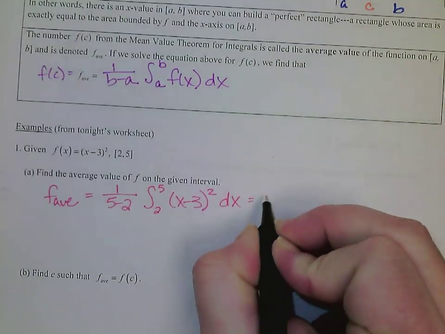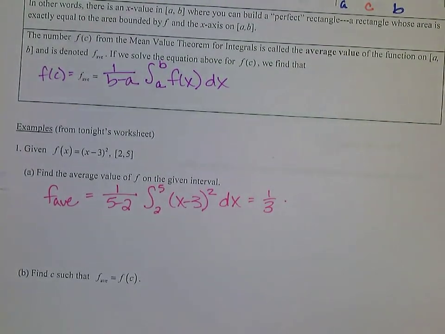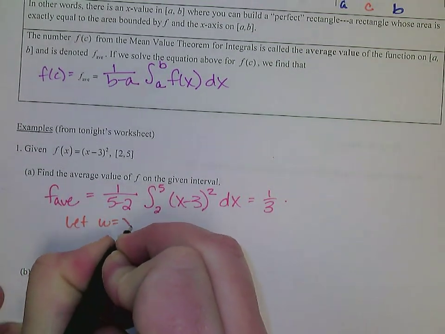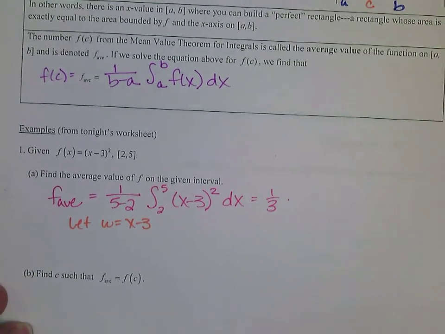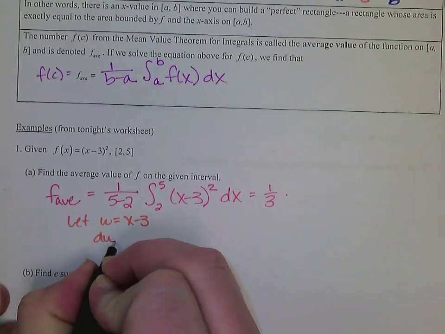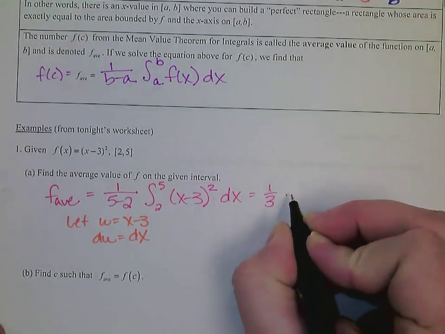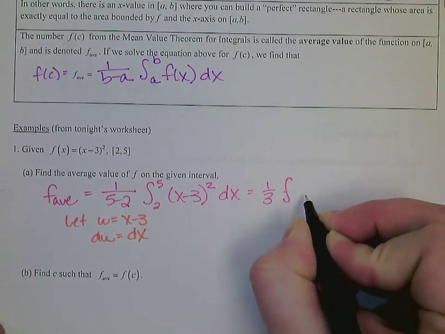So I have 1/3 times, we are going to do this by hand. If I'm doing this by hand, I could expand that, or I could do u substitution. Let u equal x minus 3. So then du is dx. So I have 1 over 3 times the integral of u squared du.